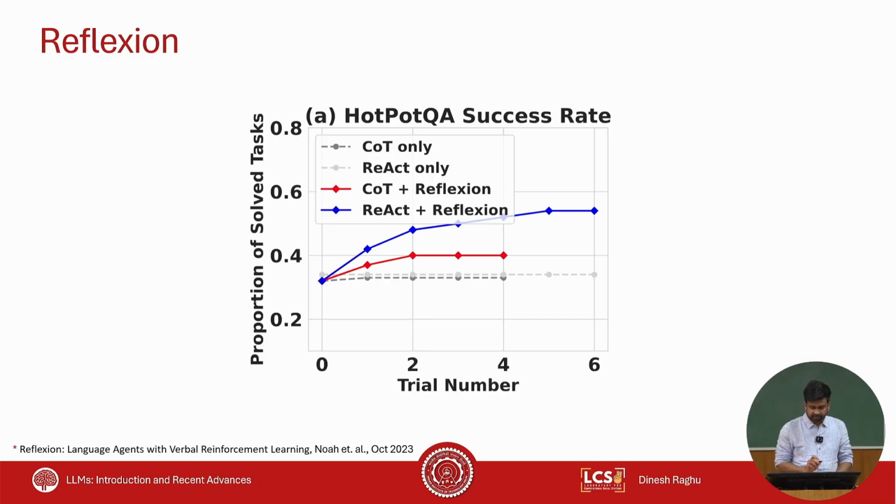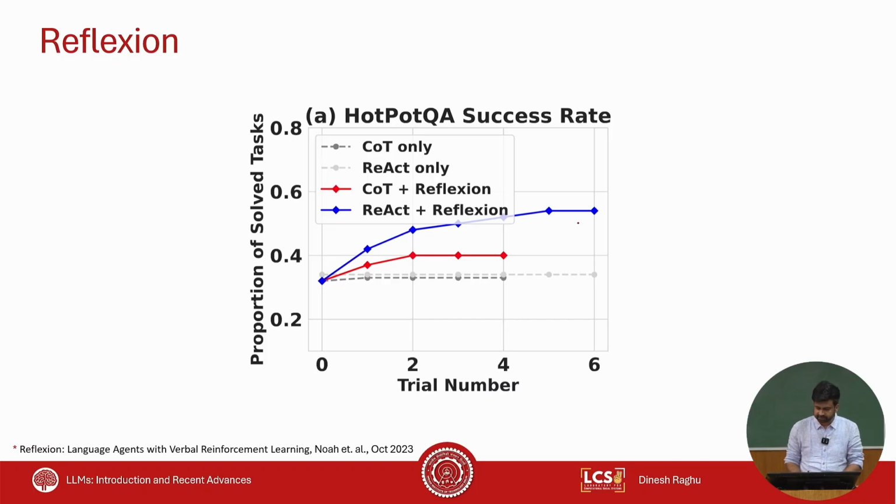And when you use the reflection framework to arrive at the output, you can either go to the TAO cycle and interact with your environment, come back, or you can ditch the whole TAO cycle and directly arrive at the answer and give it to the evaluator, right? So these are the two graphs for those two techniques. You use CoT and you use ReAct plus reflection.